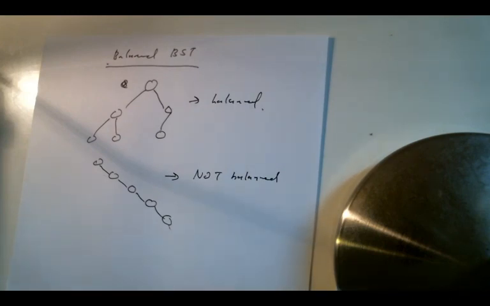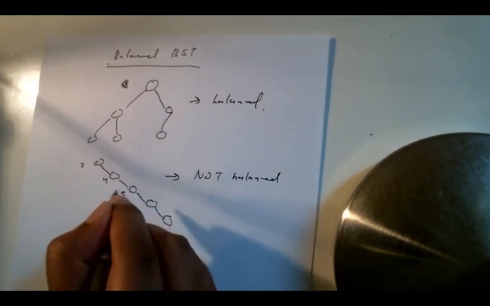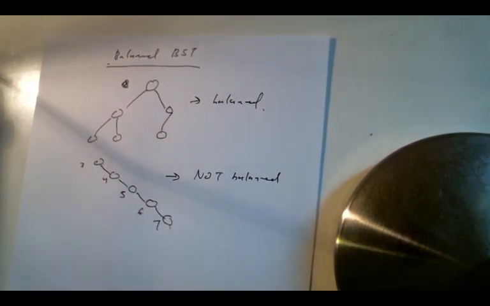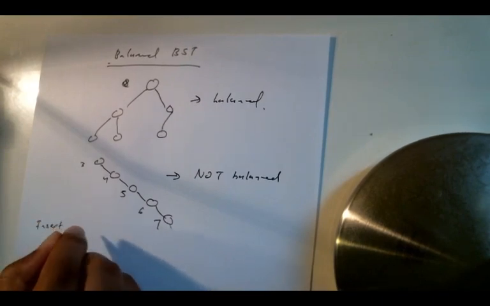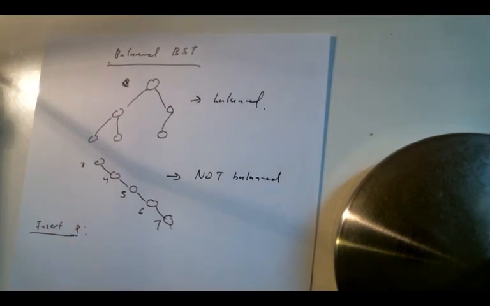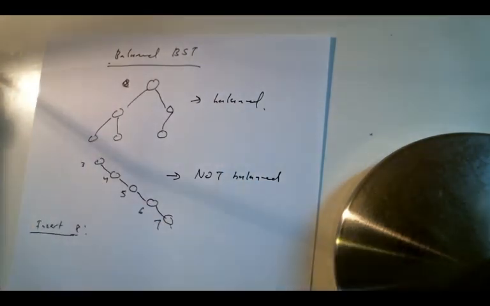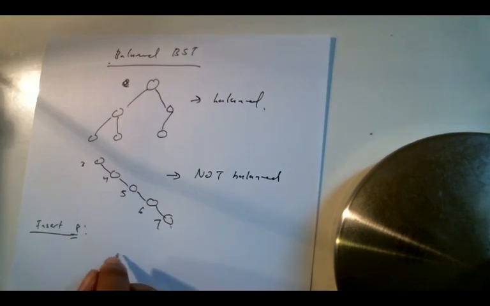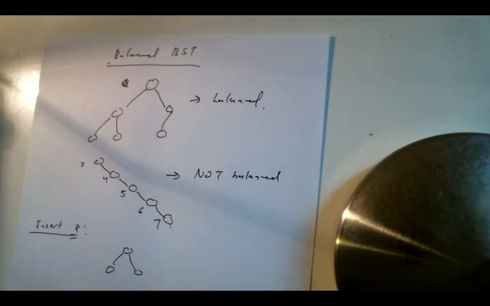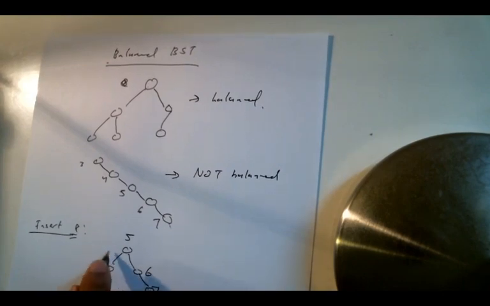So let's say the values are 3, 4, 5, 6, 7, and I want to insert 8. If I had a nice structure like this, right, whereby, okay, this doesn't have 5 nodes, but if I had some 5-node tree like this, 1, 2, 3. Okay, so let's say I put 5 here, then I put 6 here, I put 7 here, and I put 4 here, and I put 3 here.